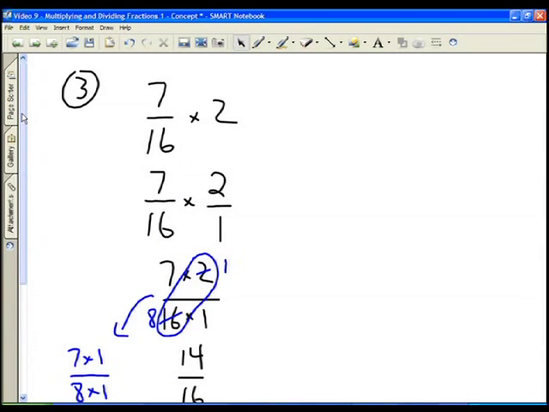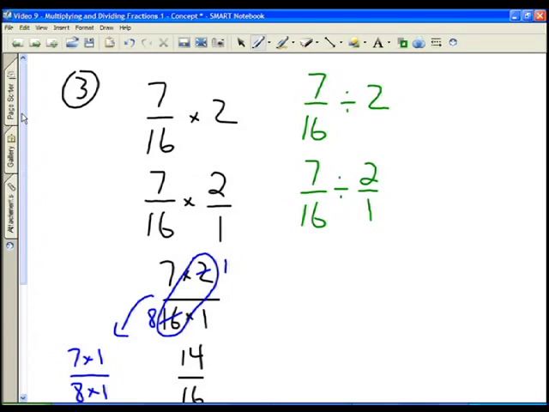Now let's quickly take a look at dividing these two, and if we have 7/16 divided by 2, now it's really important to represent that whole number as a fraction, because it's really easy to see how you can invert or flip this fraction of 2 over 1.